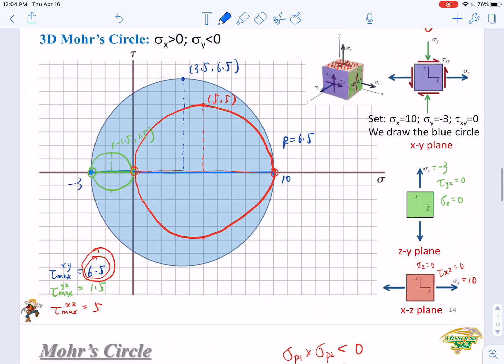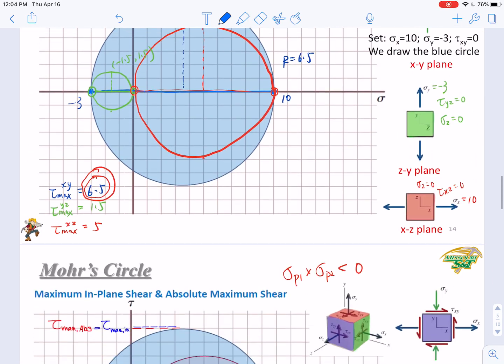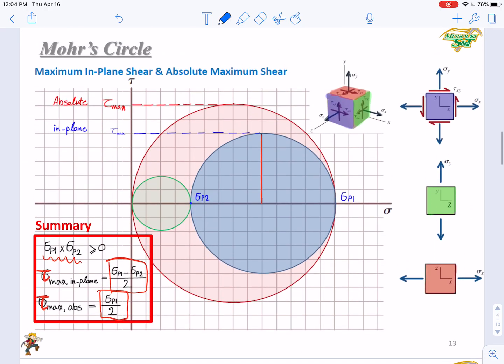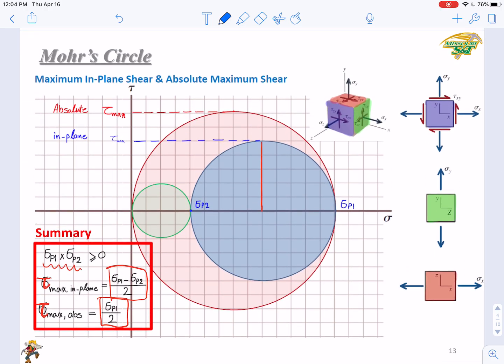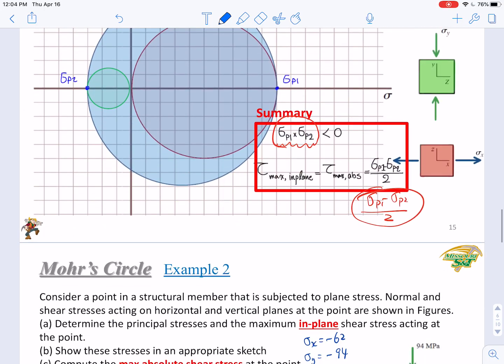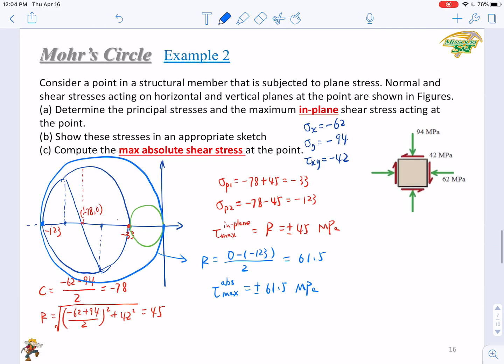So you should use these equations. When their product is positive, the maximum in-plane and maximum absolute shear stress will be different. You can see that if you use these equations to calculate these two values, you will get the same result as we just analyzed through drawing the complete 3D Mohr circle.